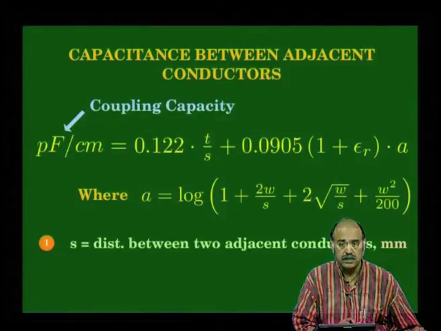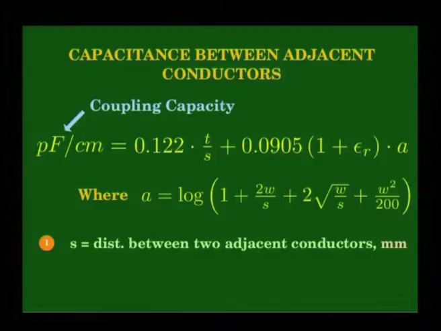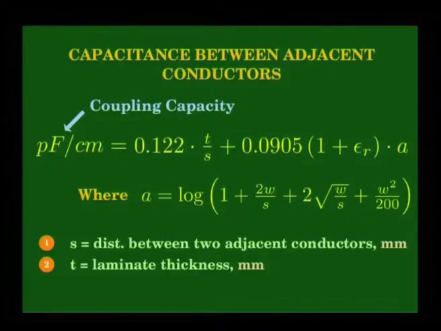So, S is the distance between two adjacent conductors given in mm, and T is the laminate thickness again given in mm, and we know the laminate thickness in most of the common PCBs is 35 microns, 35 micrometer, and W is the conductor width in mm.